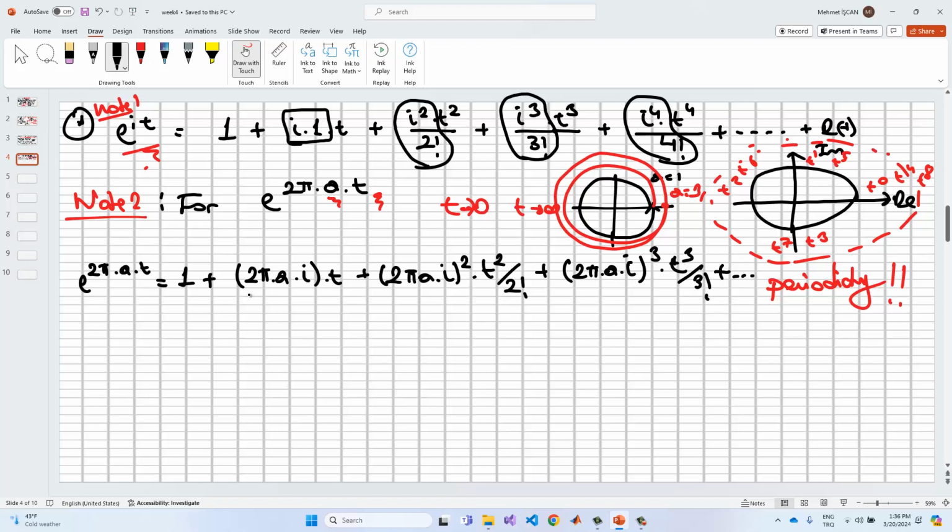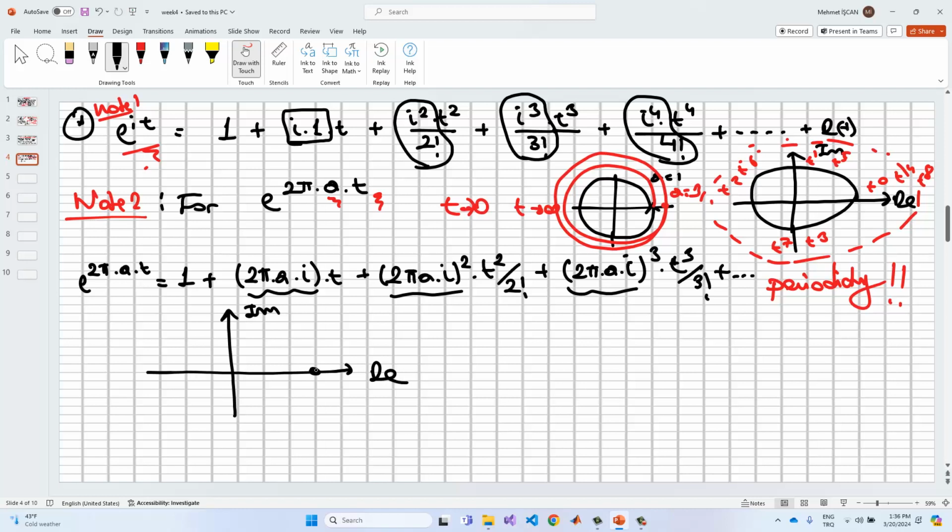Okay, and so we have one pattern in here, 2, 3 and 4, right? And so at each case we return to the what? To the same point, imaginary and real one.